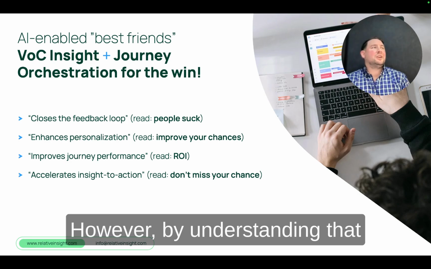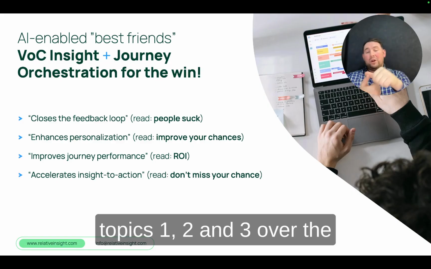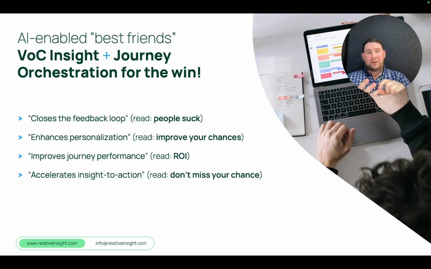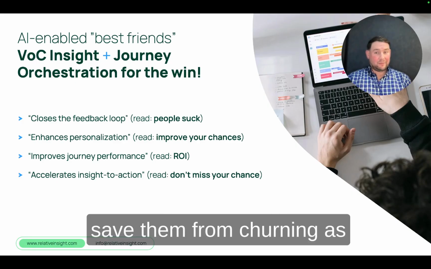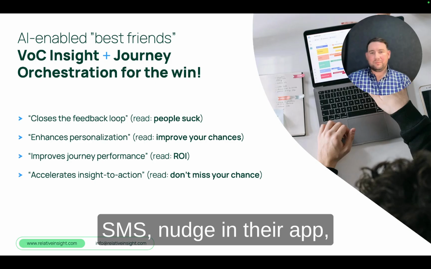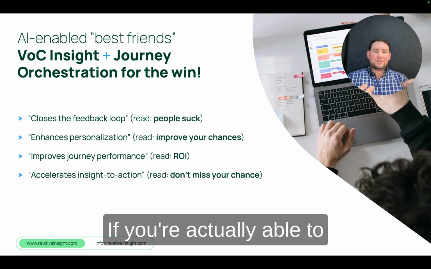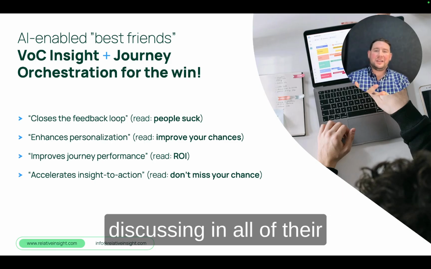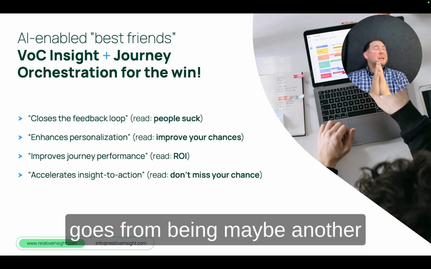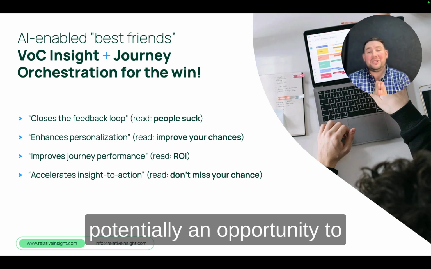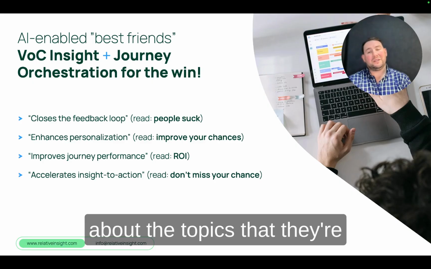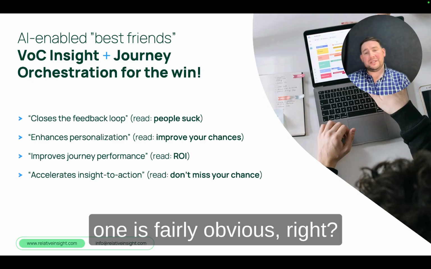However, by understanding that customer A has talked about topics 1, 2, and 3 over the next 3 months and is now exhibiting churn behavior, when you reach out to him or her to try and save them from churning, as opposed to it being a generic out of the box email, SMS, nudge in their app, whatever it is, if you're actually able to refer back to the 3 topics that they've been discussing in all of their other customer contact interactions, then that email goes from being maybe another annoyance to actually potentially an opportunity to really connect with that person, because you're speaking their language and you're talking about the topics that they're really interested in.